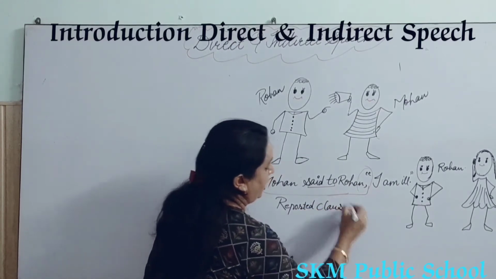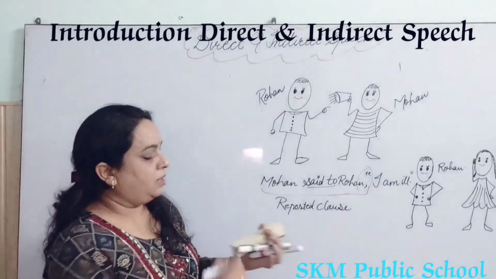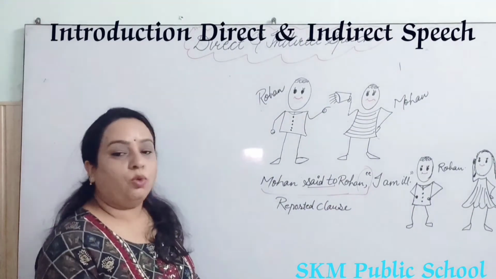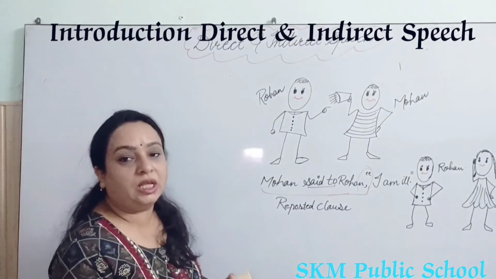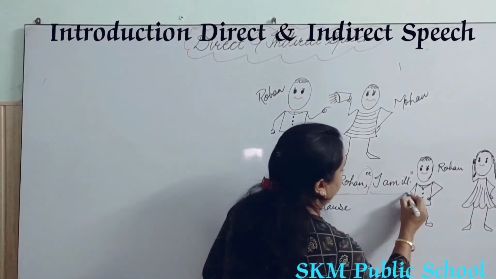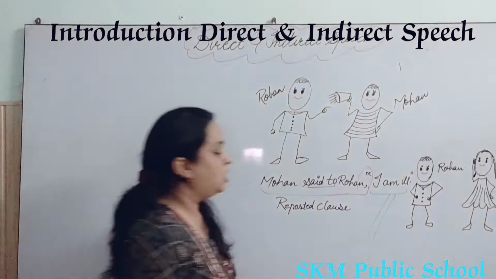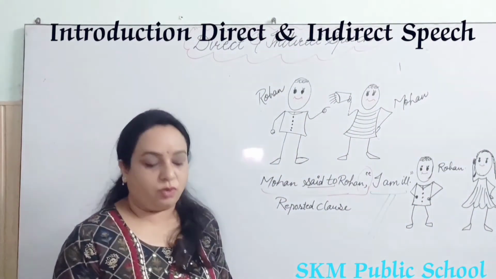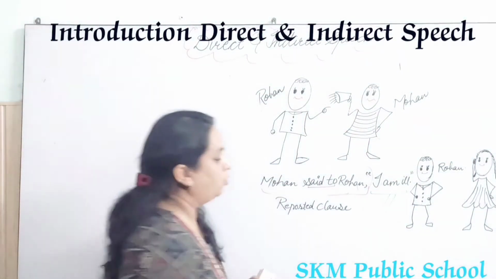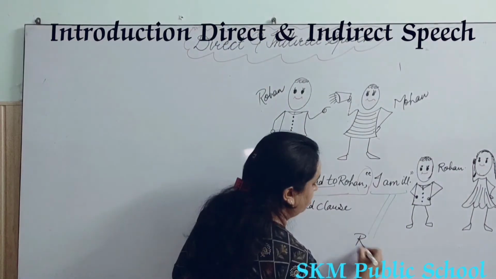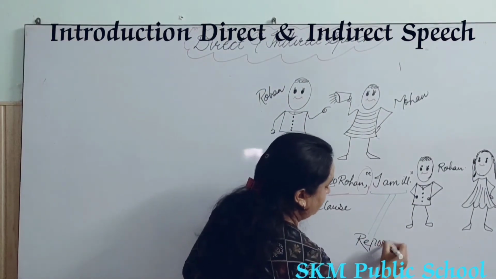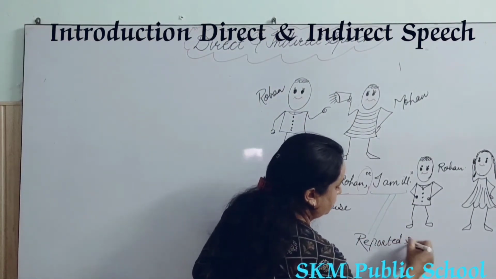And the second part of the sentence, which is within the commas, the dialogue enclosed in the commas, is known as reported speech. Whatever the message or statement written within the commas is known as reported speech.